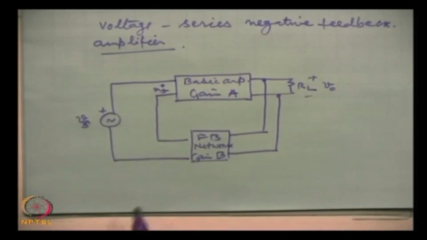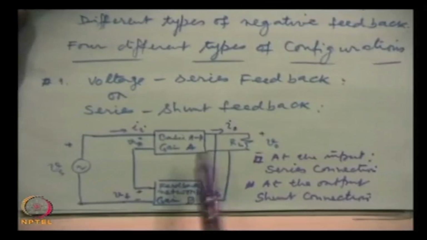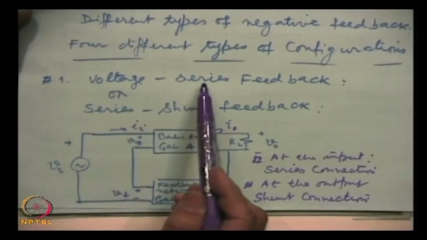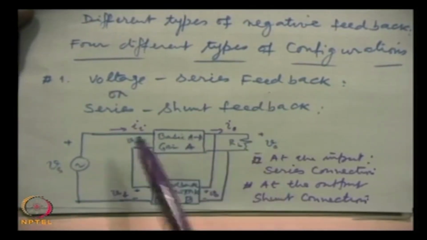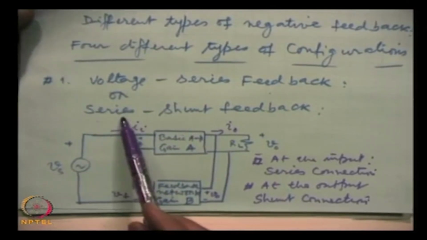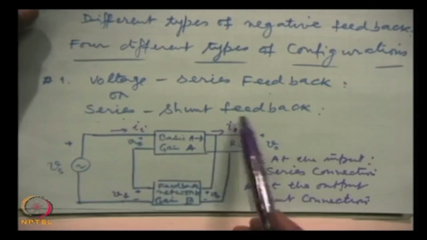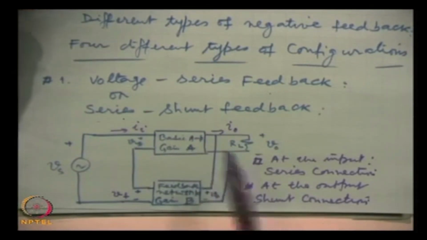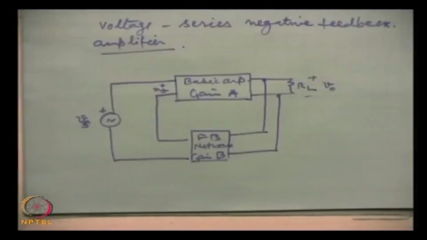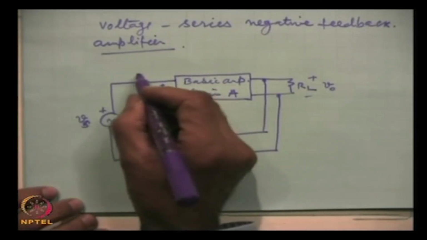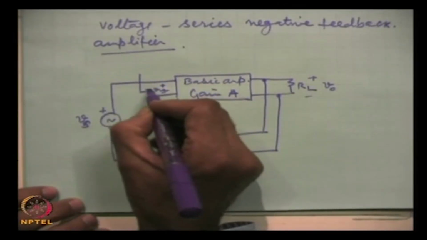This is the circuit from where we started, the first circuit, the same circuit, the voltage series feedback circuit. Here at the input is the series connection and at the output is the shunt connection. So this is voltage series feedback. We measure the impedance here.